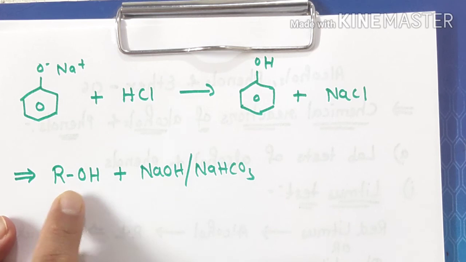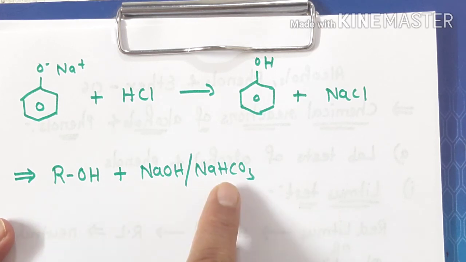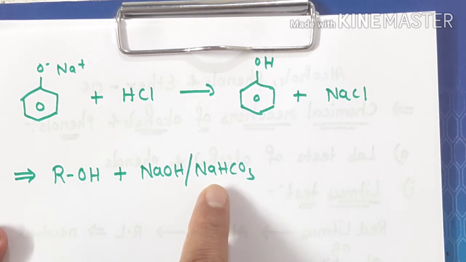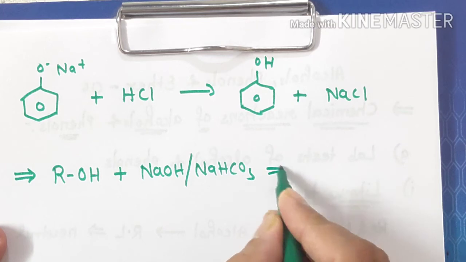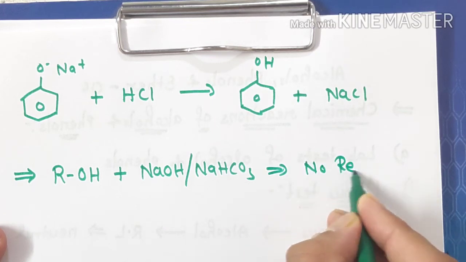Since it is neutral, it is not going to react with a base, nor with a weak base, that is sodium bicarbonate. So it will show no reaction, student, no reaction.